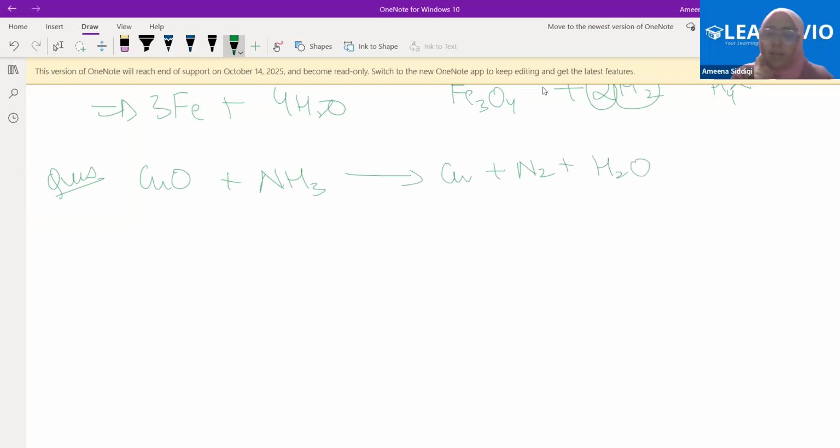CuO plus NH3 gives Cu plus N2 plus H2O. Cu and N2.